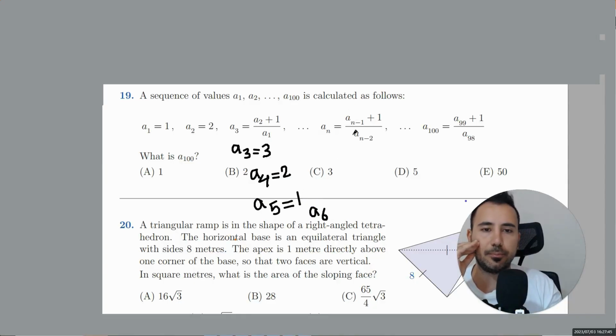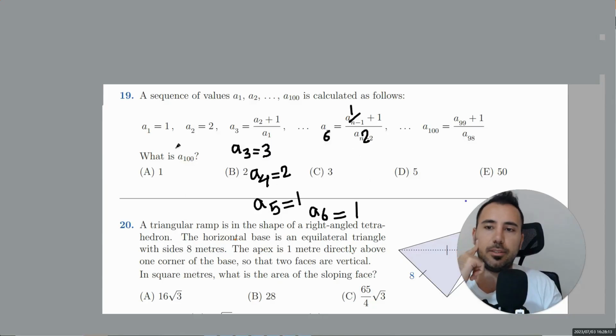A5 was 1. 1 plus 1. A4 will be 2. So A6 would be 1 again.